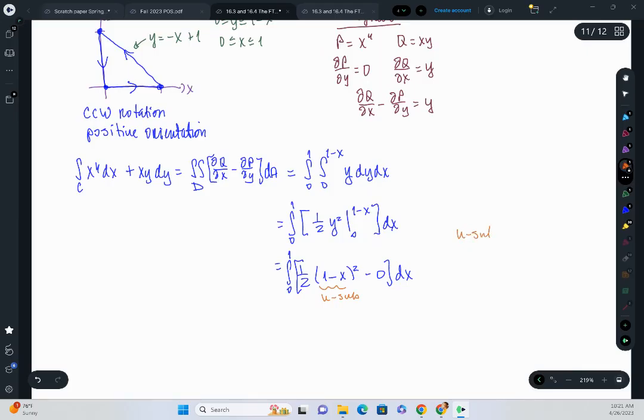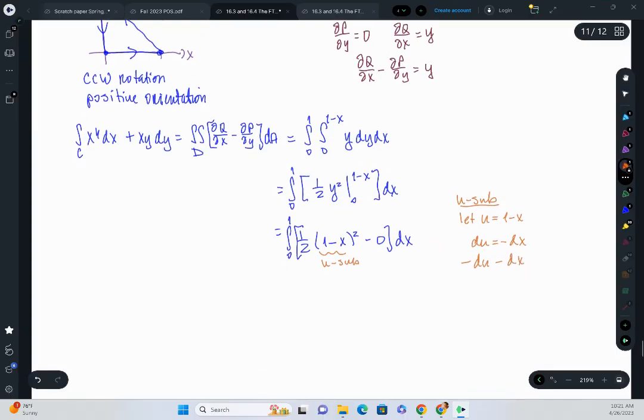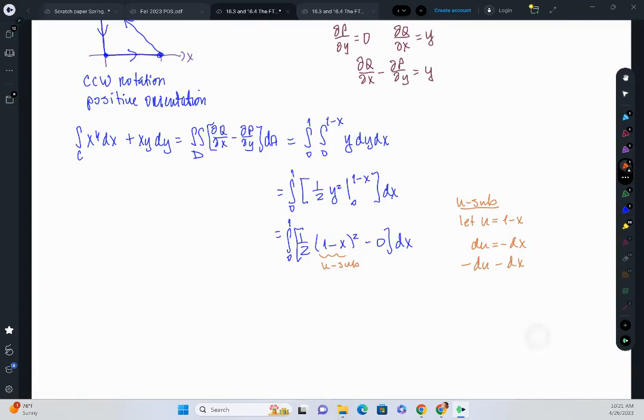My u sub is to let u equal 1 minus x. Then du is equal to minus dx. So I'm really going to replace dx with a negative du. So then if I have the 1/2 in there, this will be negative 1/2 integral of u squared du, which is just negative 1/6 u cubed.